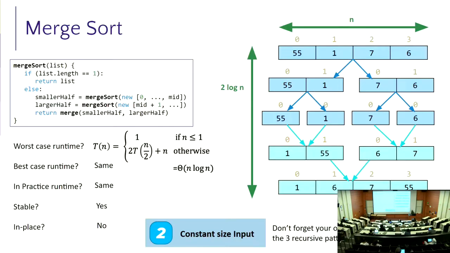Yeah. Can we make some pointers so we treat the array like it's split, so we don't actually have to split things out into their own array and turn this into an in-place sort? There is a version of MergeSort that is implemented in place, and it does still have this n log n theoretical runtime, but it turns out implementing and updating all of those pointers and variables ends up becoming so unwieldy.